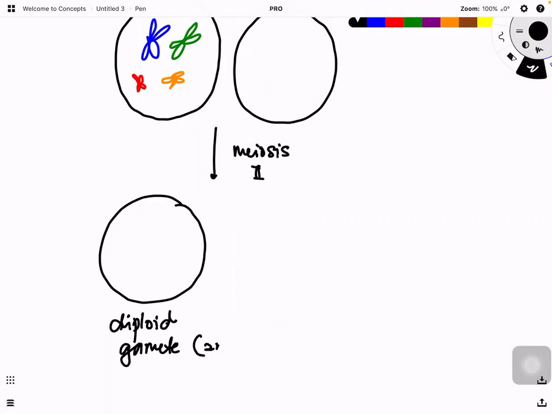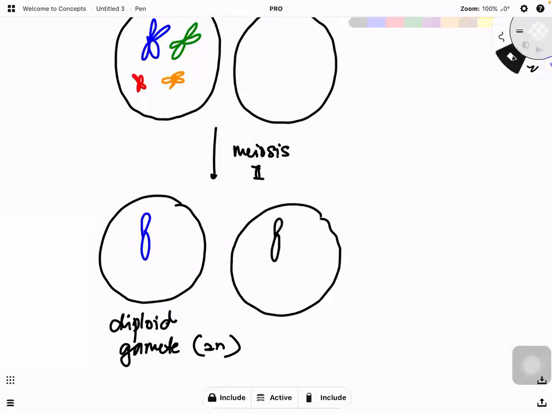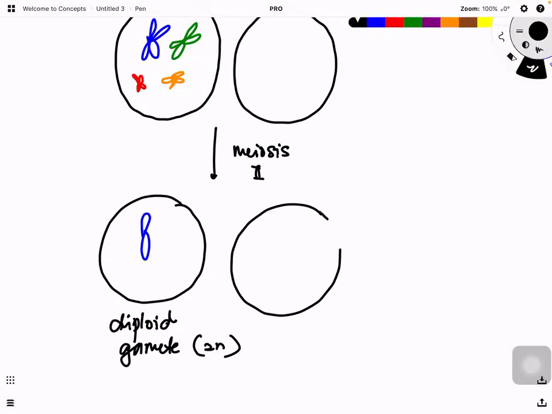2N. Now, why is it called 2N? Now look at this. One blue, one red, as one pair, right? Original blue and red, one pair.